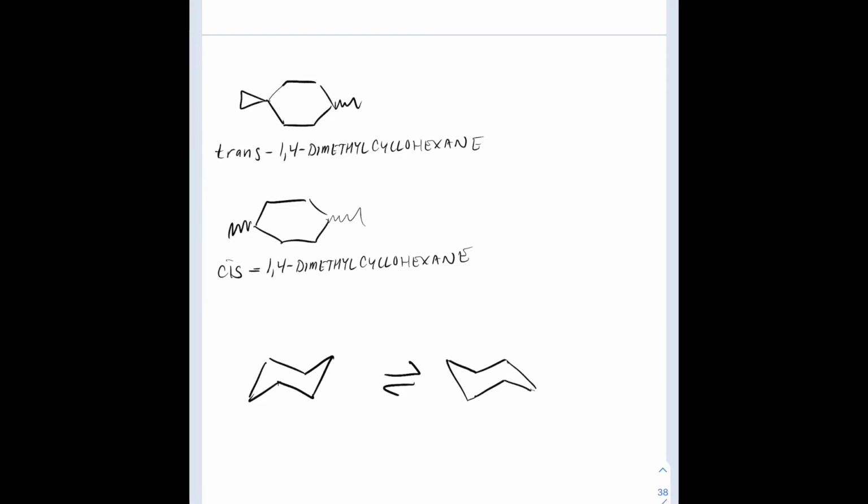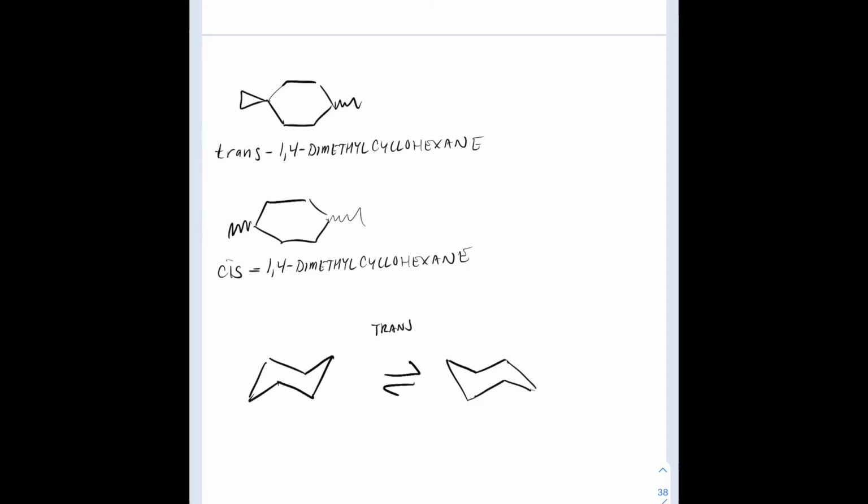Let's see, we have two methyl groups on. Let's do the trans one first. This is trans, and it's important to review the axial and equatorial substituents and the effect that a chair flip has on them, because remember, once an up hydrogen, always an up hydrogen.